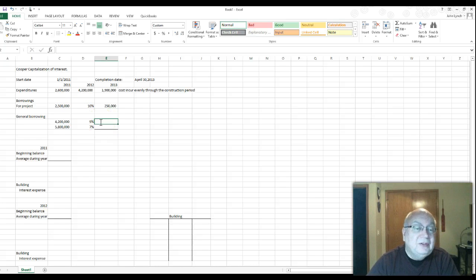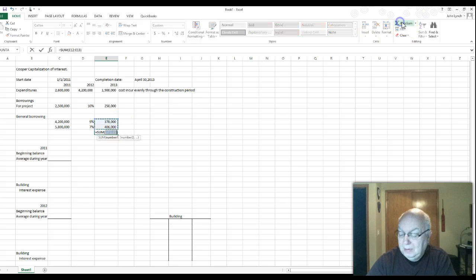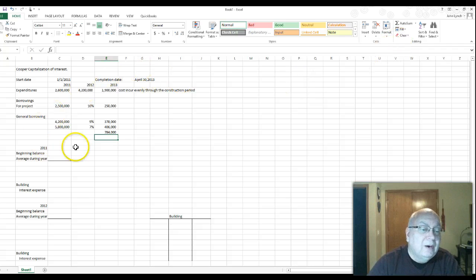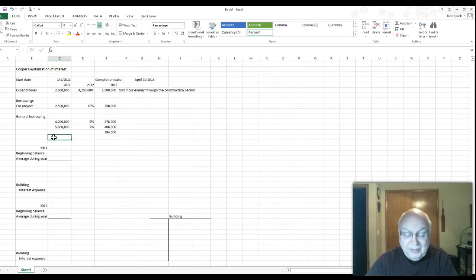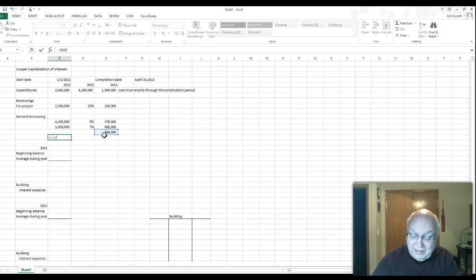And then we have the general borrowing, where we need to find a weighted average for the interest rate. So we had two other borrowings, and it was $784,000 total. So then we would take the average, which is equal to the 784 divided by, and I do it this way before I forget, it wanted to round, so make sure you use the round function.